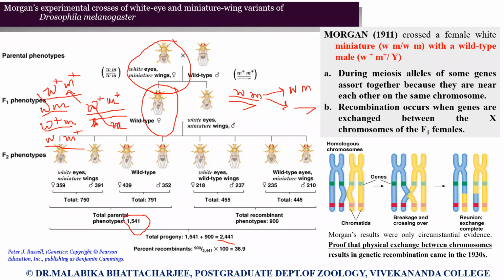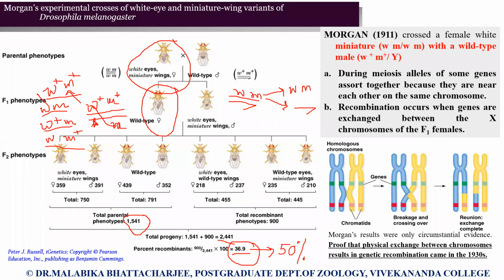The amount of parents was greater than the amount of recombinants, and he found that the percent recombination was 36.9. I said that when the recombination percent tends to become 50%, we have to assume that independent assortment has set in.